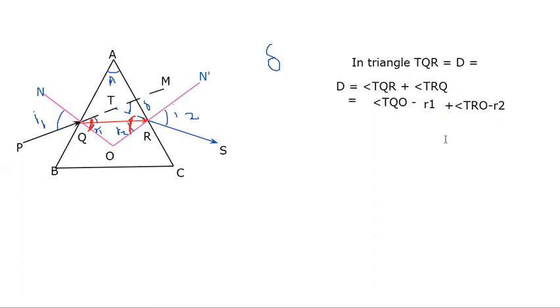See if this is correct or not. Angle TQR is equal to angle TQO minus R1 and angle TRQ is equal to TRO minus R2, right? So this will be equal to I1 minus R1 plus I2 minus R2, right? Or we can write I1 plus I2 minus within bracket R1 plus R2, right?